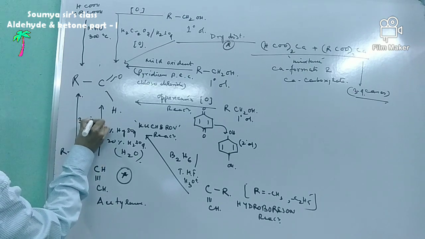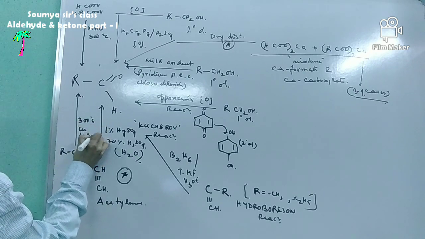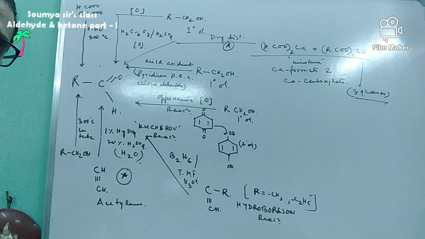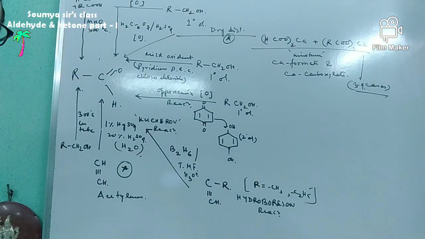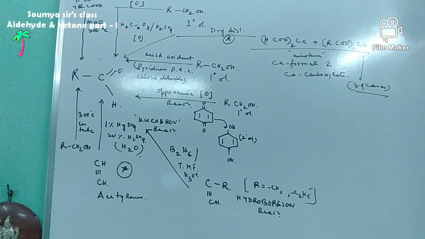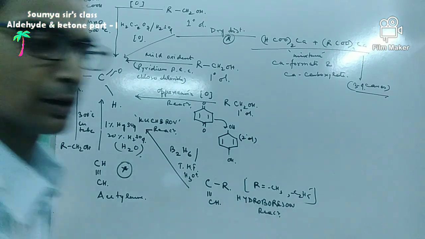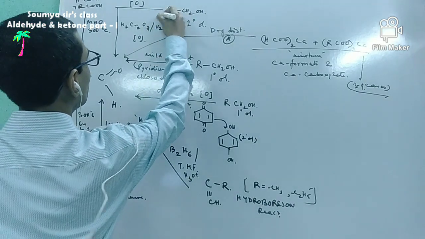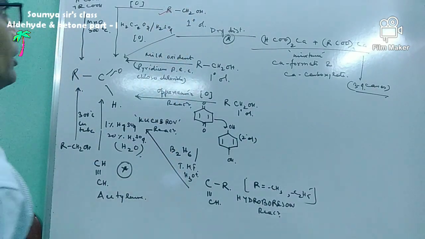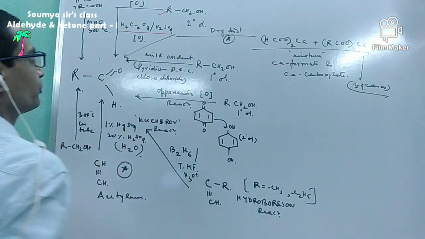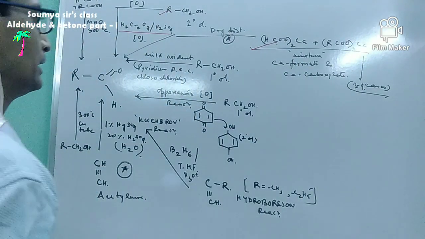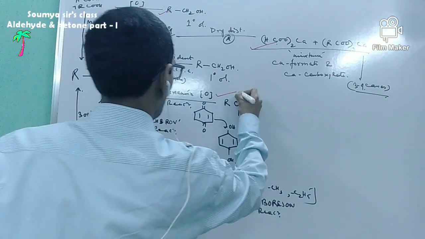So these are the methods of coming to aldehyde, but the most important ones, I am giving a different color. Most important are 1 degree alcohol with K2Cr2O7 and H2SO4, the dry distillation method, the Oppenauer reaction, the Kucherov's reaction, and the hydroboration.